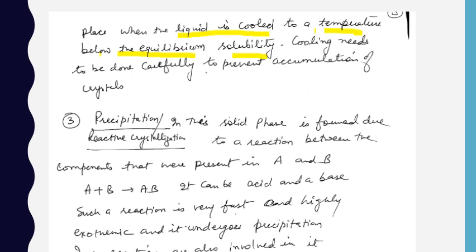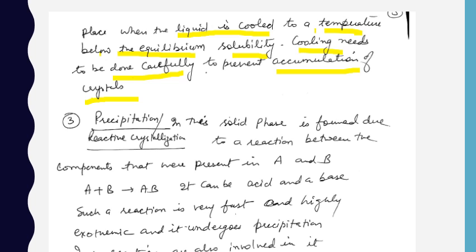We have to cool such solutions to a temperature below their equilibrium solubility, and that cooling should be done very carefully, because we have to select that temperature to prevent the accumulation of the crystals. Otherwise, if we go for cooling directly, maybe good crystals are not formed in the process.